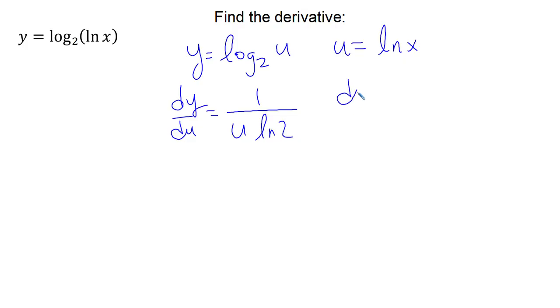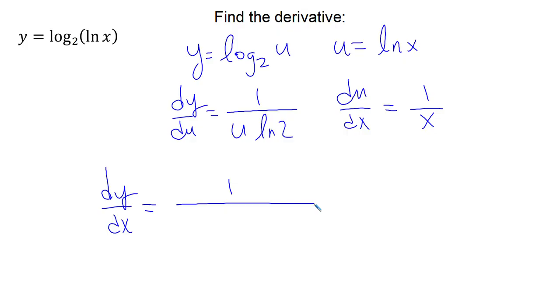And then du dx should just be 1 over x. So our final answer here, when we multiply those two things together, should be 1 over x times ln x, right, because that's u, times ln 2.